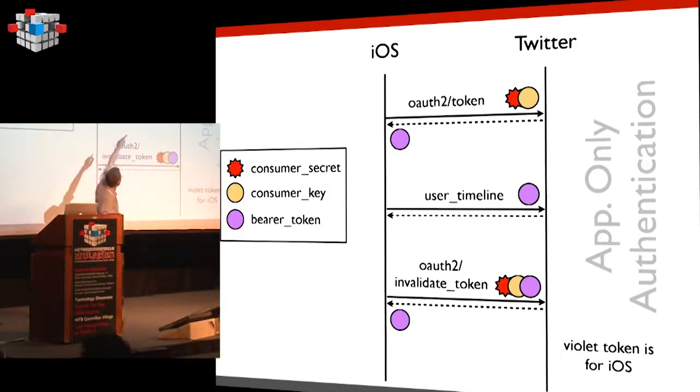It goes this way. You send these two tokens here, and you get a bearer token. A bearer, it means that when you are holding this token, it's OK. You can perform requests with Twitter and get a timeline. And you can also invalidate the token. I will come back later on the security implications of this.